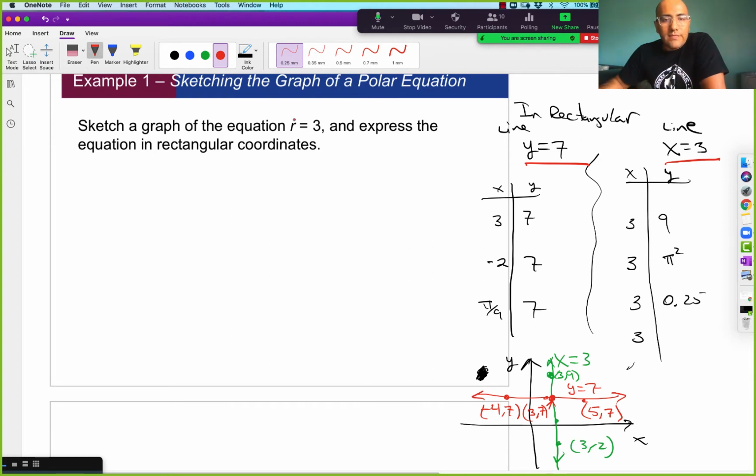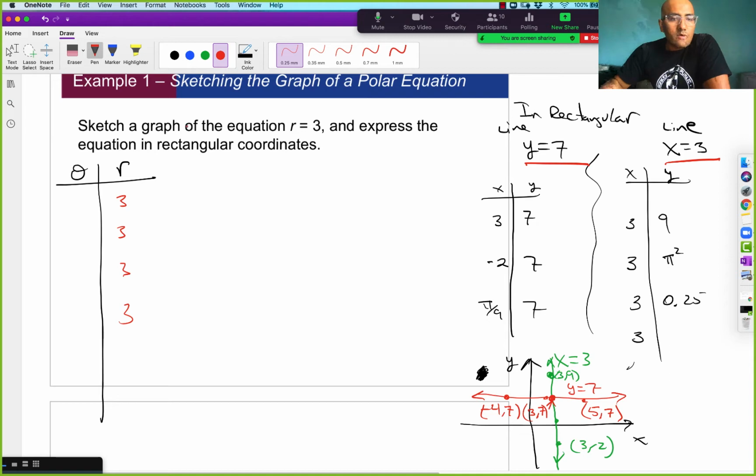Well, we're in the same boat over here, where r equals 3 means that r has to be a 3. So when we create our table of ordered pairs, remember that the domain value is a theta for polar, and the output is an r. So this is saying the output better be a 3, always a 3. Doesn't matter what the theta value is.